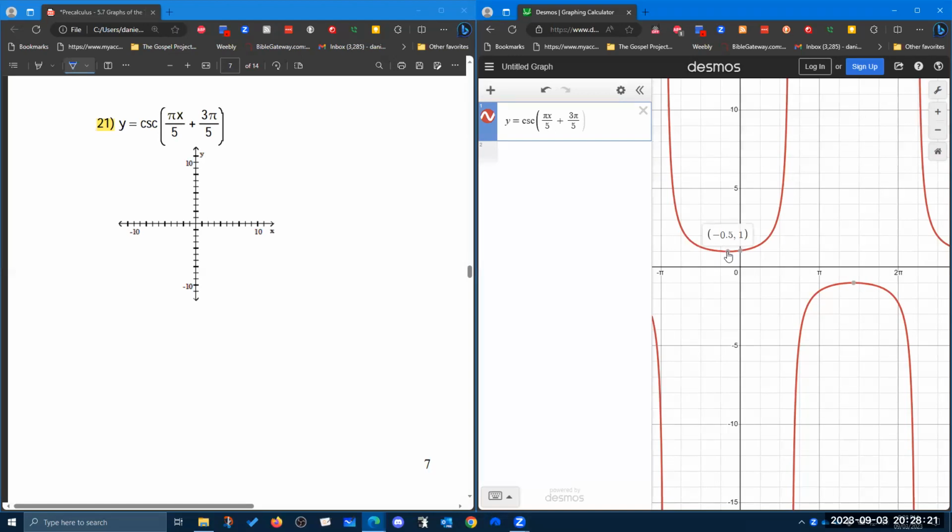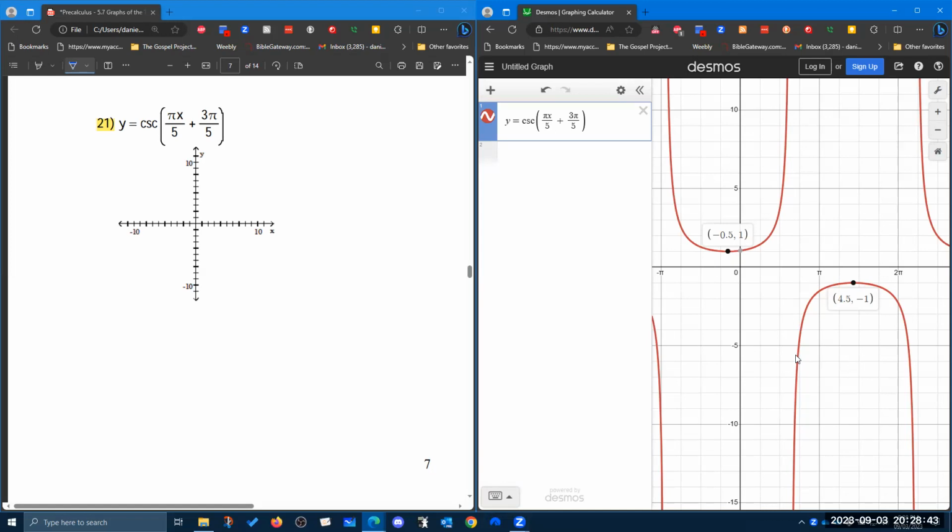Normally we would have the asymptote at 0. Now the asymptote appears to be at, that's hard to tell. Let's figure that out. The asymptote is halfway between negative 0.5 and 4.5. So the asymptote is going to be at 2.